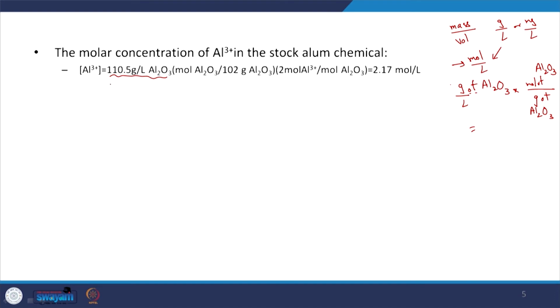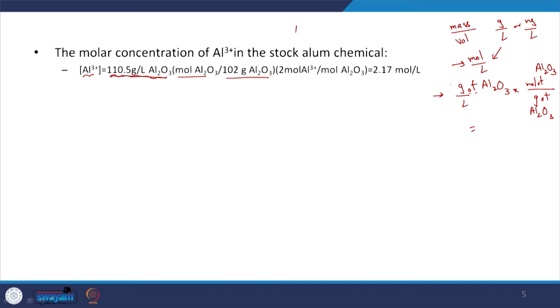Here we first used the mass units of Al2O3 which we have, and then we converted that into the molar units. But I am concerned with the Al3+ molar concentration, not the Al2O3 molar concentration.